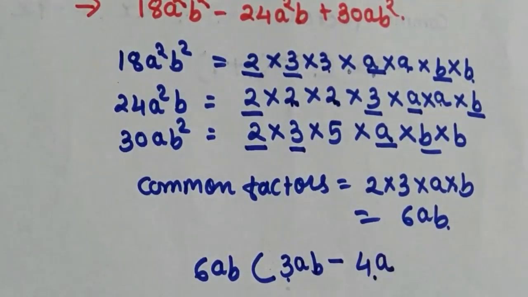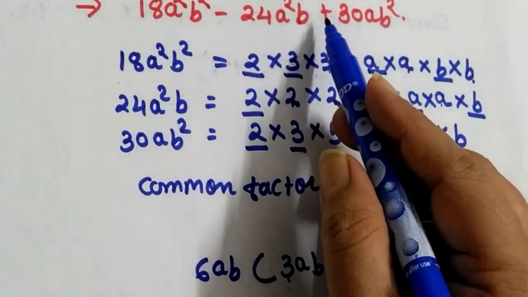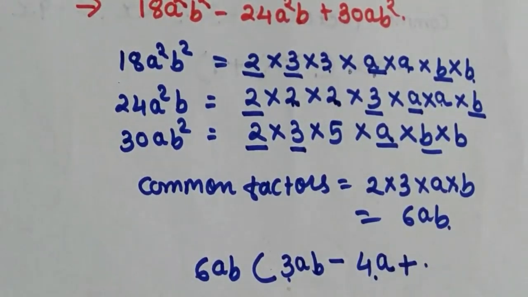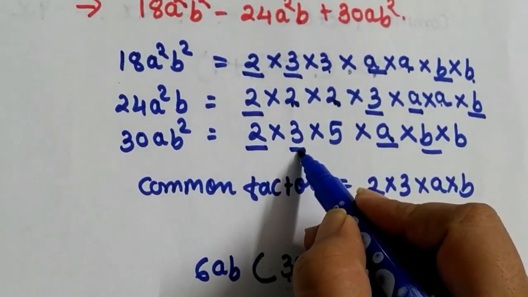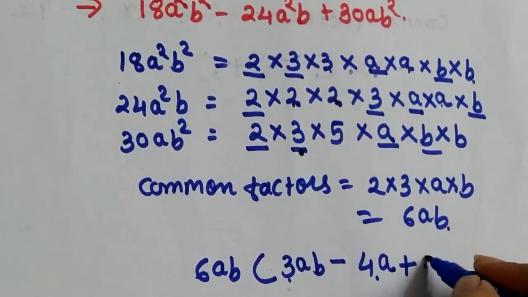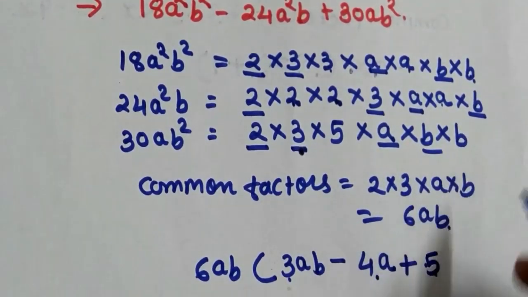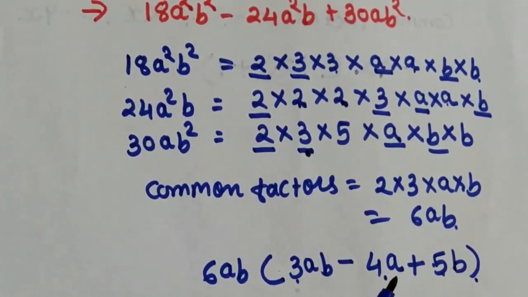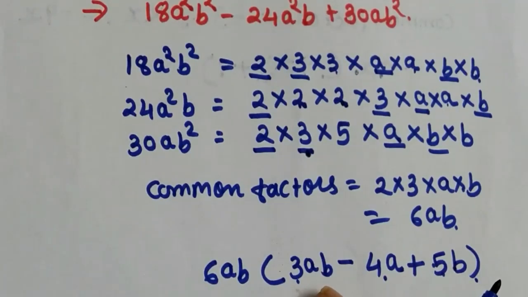So we'll write 4a. And again we'll put the sign as it is given in the question, plus. So here 2 and 3 have been taken out as common, so 5 is remaining. So we'll write 5. And here b is remaining. We'll write b. So the common factor is 6ab and the remaining factors in the bracket are 3ab minus 4a plus 5b.